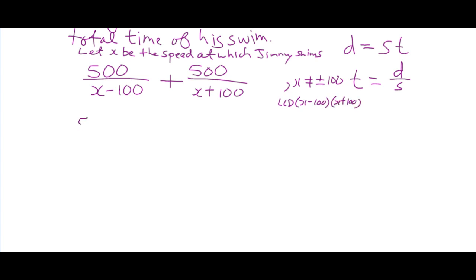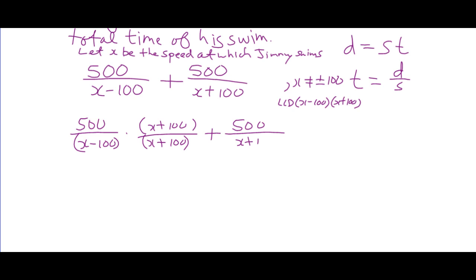Need one of each. So the 500 over x minus 100 gets multiplied by x plus 100 over x plus 100. And the 500 over x plus 100 gets multiplied by x minus 100 over x minus 100.